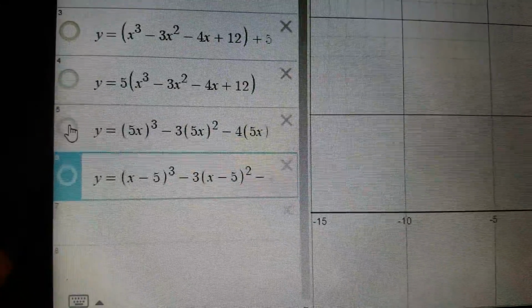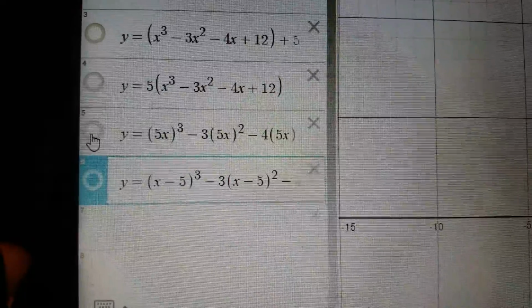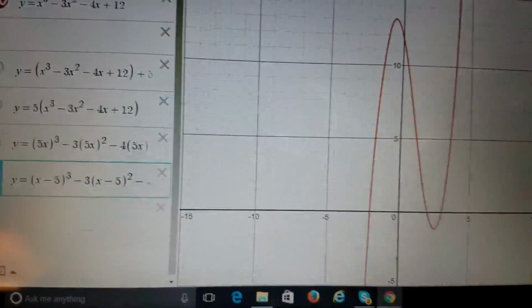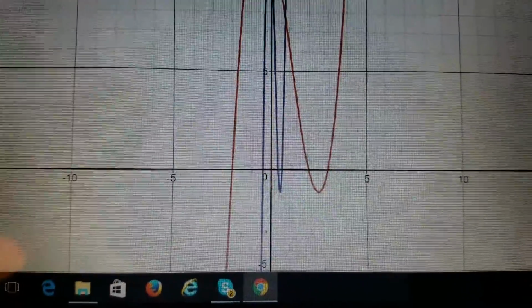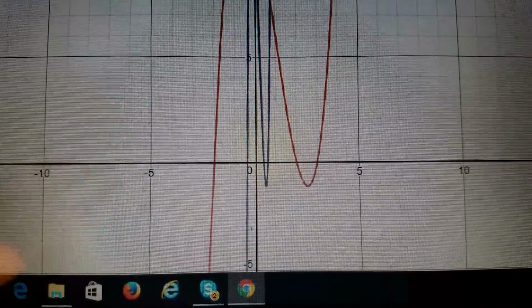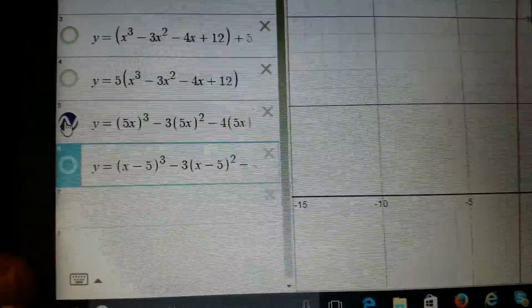And here, answer choice C, you're replacing x with x times 5, and what this does to the graph is it shrinks it horizontally by a factor of 5. So as you can see here, the x-intercepts are clearly different. So answer choice C would be incorrect.